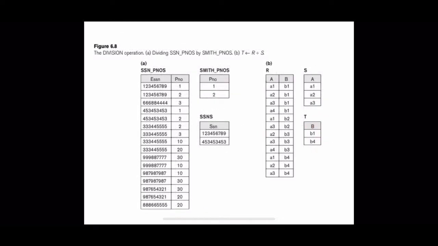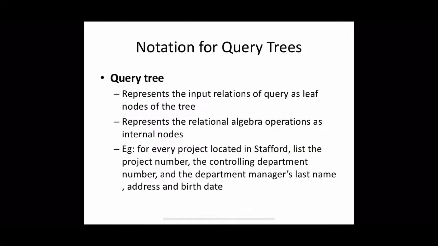So next we describe a notation typically used in relational systems to represent queries internally. The notation is called a query tree, or sometimes a query evaluation tree or query execution tree. It includes the relational algebra operations being executed and is used as a possible data structure for the internal representation of queries in an RDBMS. So a query tree is a data structure that corresponds to a relational algebra expression.